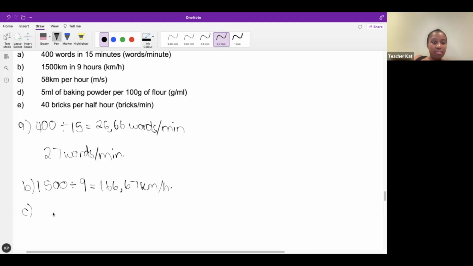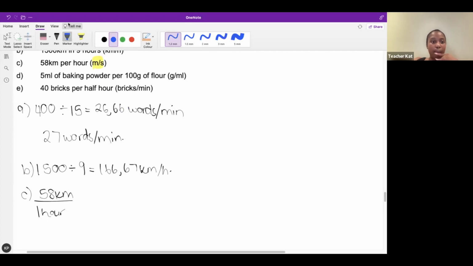Then we have number C, 58 kilometers per hour, but we want it in meters per second. Okay, we already did one similar to this. So at the top, how am I going to get from kilometers to meters?